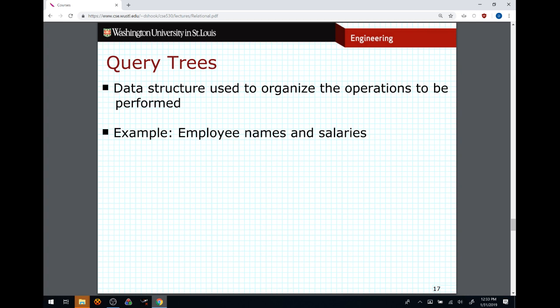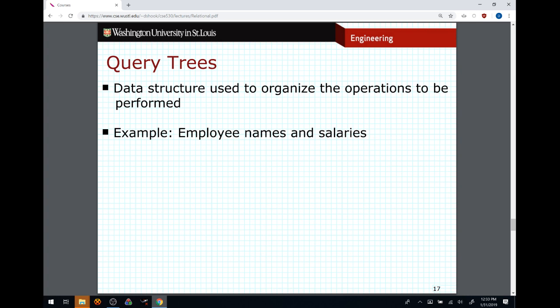So I get the query coming in, I break it down into its component parts, and then I have to figure out which relational operations are going to satisfy the different pieces and execute those relational operations in the proper order. We use a query tree to represent this.